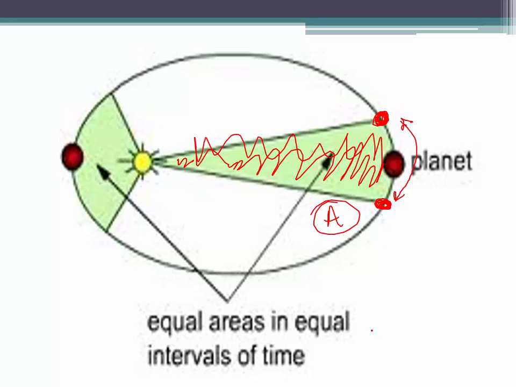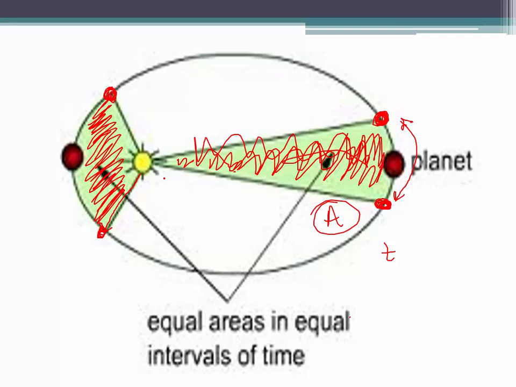This is a particular area, and let's say it did that in a particular amount of time. Well, over here, when the planet is in perihelion, or closer to the sun, it now has a shorter distance from the sun. So in order to cover the same area, this is like a long skinny triangle. So over here we need a short fat triangle.